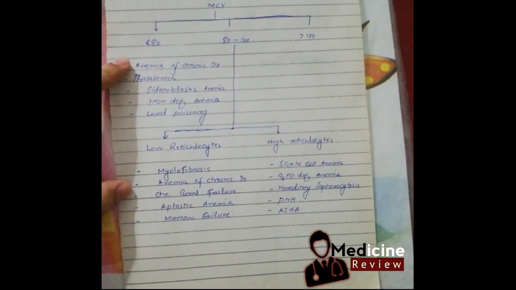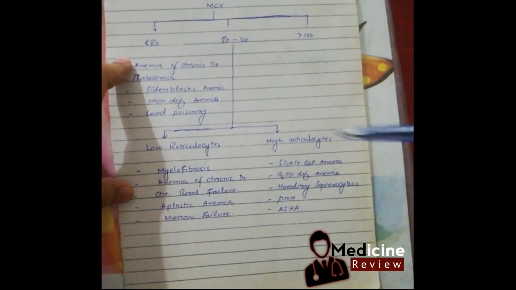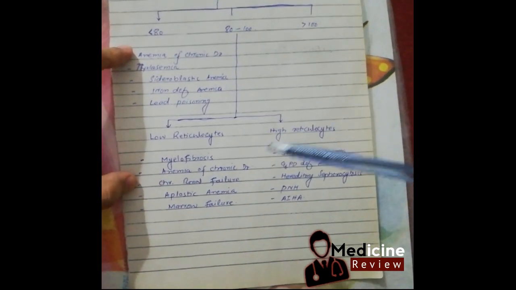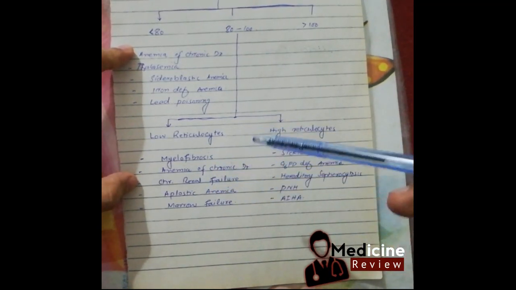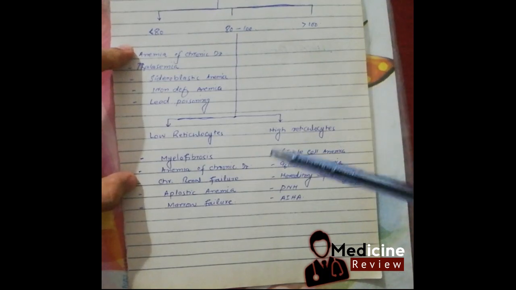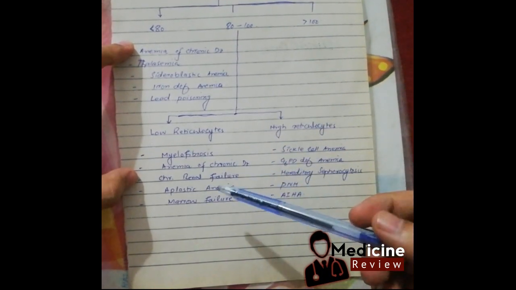So if the MCV is from 80 to 100 and the reticulocyte count is reduced, then we can have the following conditions like myelofibrosis, fibrosis of the bone marrow, and anemia of chronic disease. It is also included here.